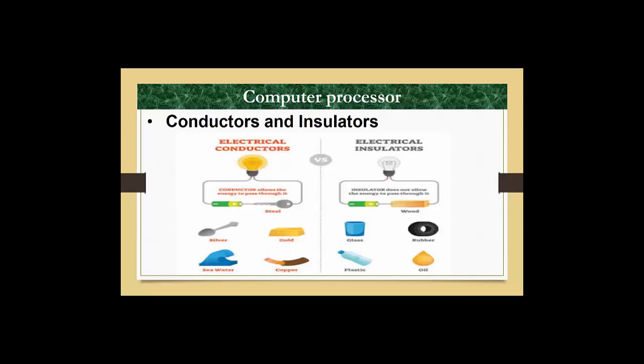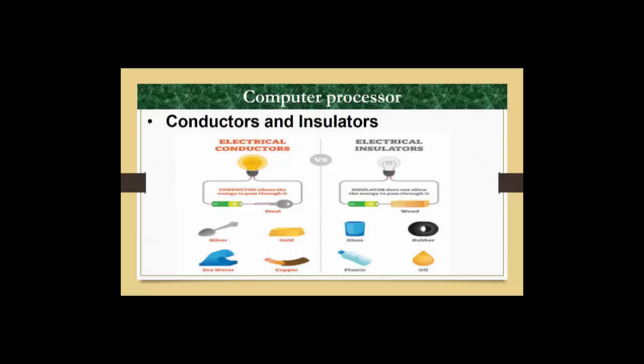Those materials that, depending on their chemical makeup, will or will not allow electricity to pass are called semiconductors. We had discussed the semiconductors on the above page. Students, semiconductors are used in computer components like the processor and other components.